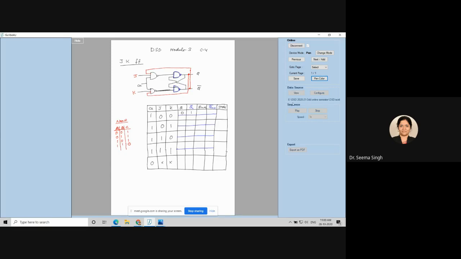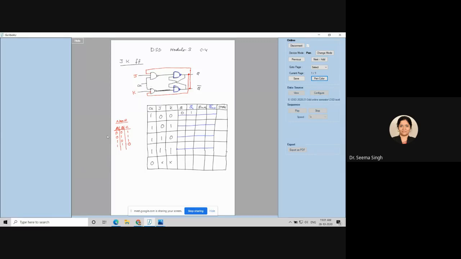So what you can see here, if your J and K are 0, and if your clock is high, it will be under which condition? It will be under memory condition.